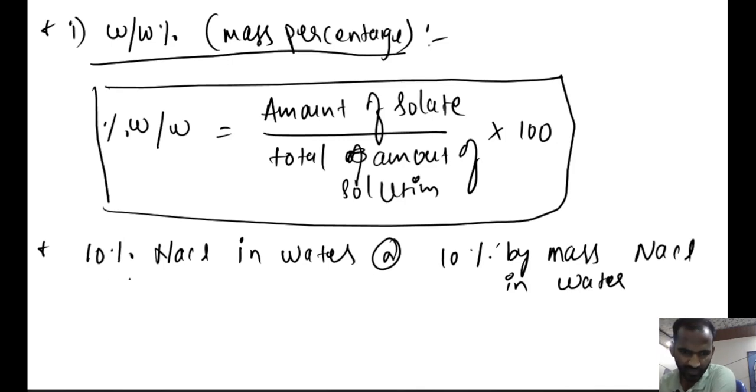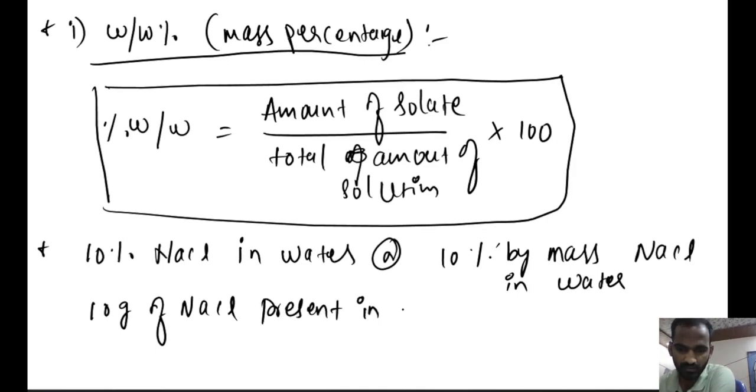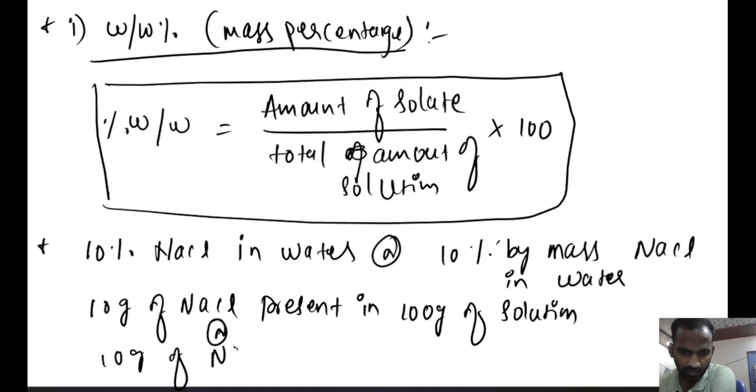So what is the meaning of 10% NaCl in water or 10% by mass NaCl in water? It means that 10 gram of NaCl salt is present in 100 gram of solution, or we can say like this also, 10 gram of NaCl is present in 90 gram of water.